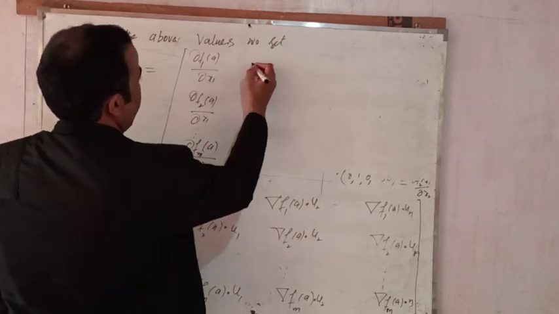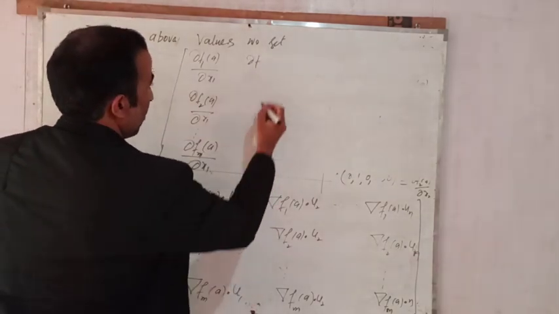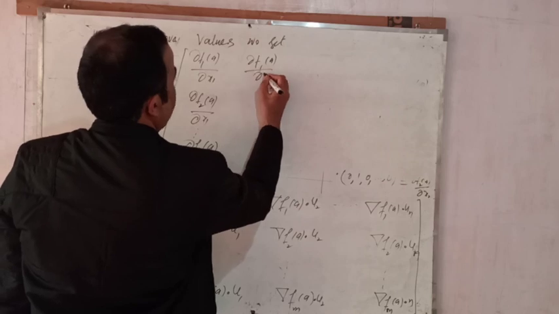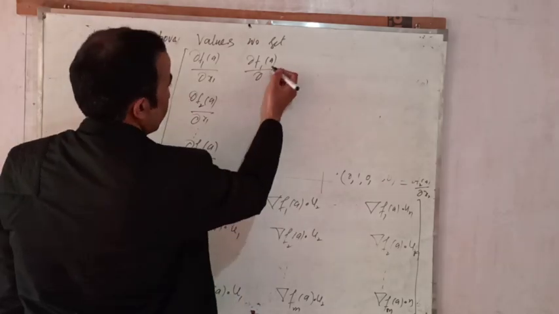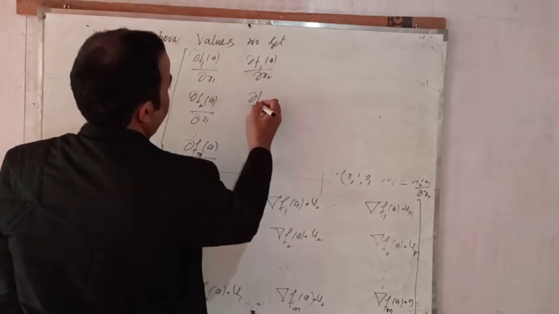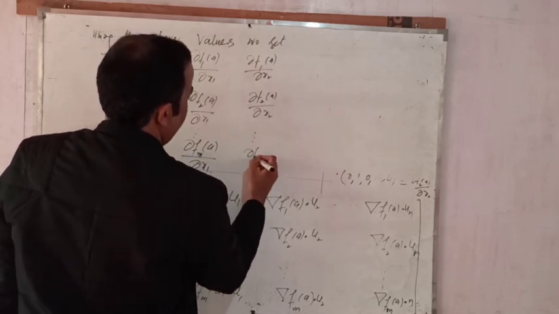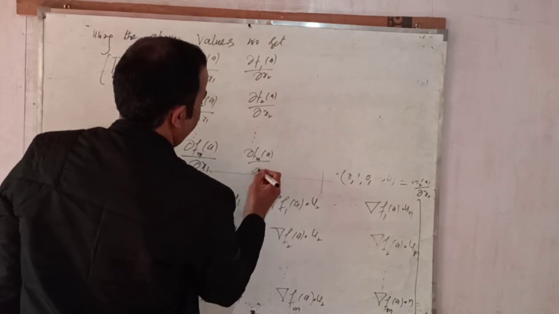Then the second column, for the second variable: del F1 at A by del X2, del F2 at A by del X2, and so on, del Fm at A by del X2.